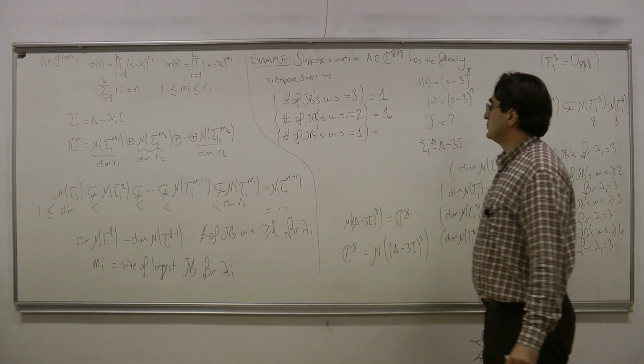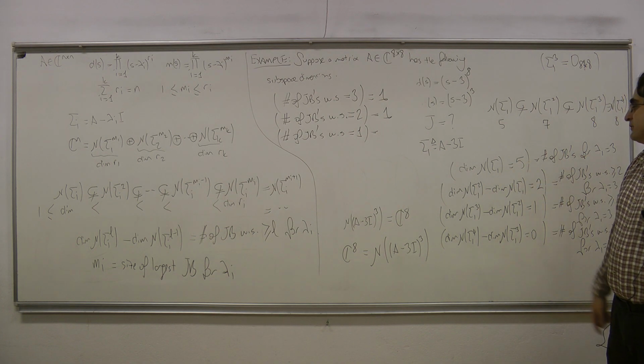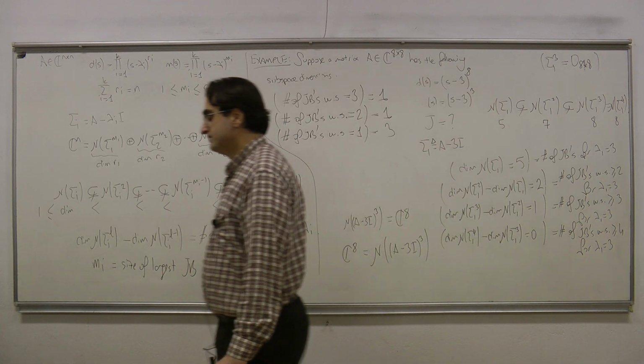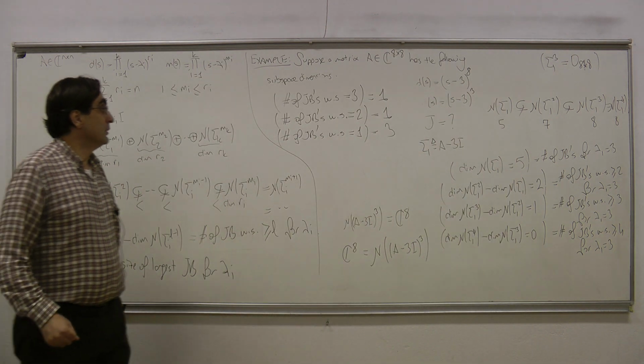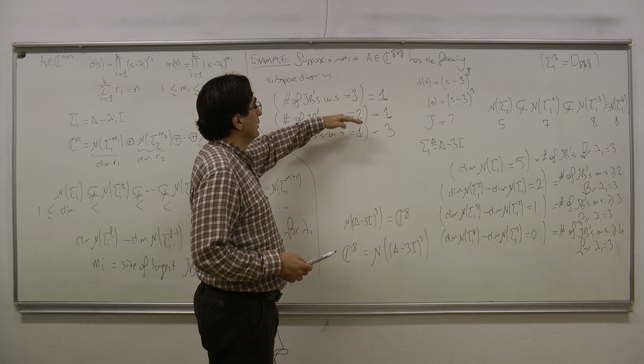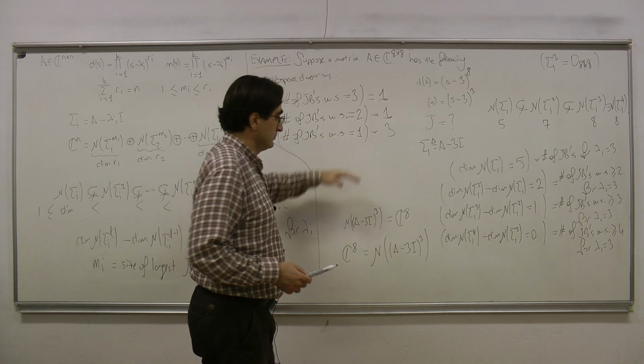That means that the number of Jordan blocks whose size is 1 should be 5 minus 2 here. So that is going to be 3. So we see that in this case, we have 1 3 by 3 block, 1 2 by 2 block, and 3 1 by 1 blocks.